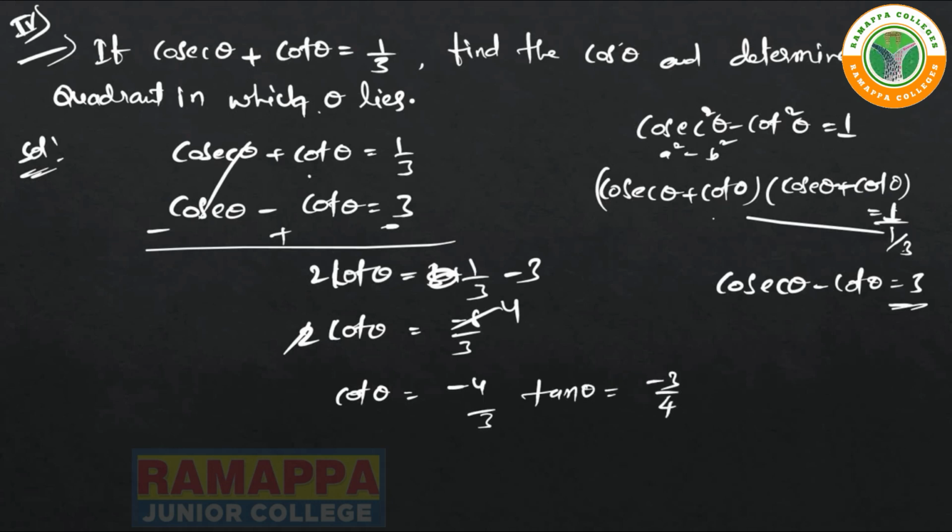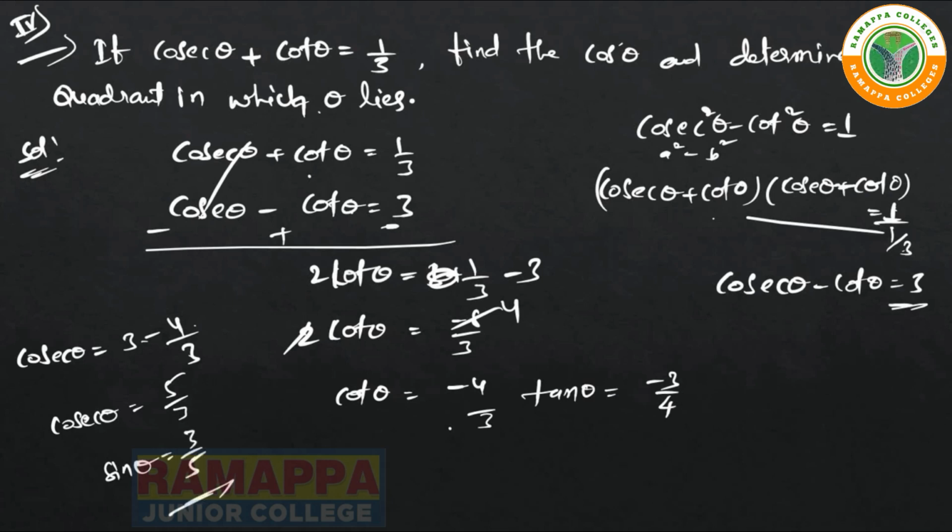Now we got cot theta, and I will substitute its value: cosecant theta is equal to 3 minus 4 by 3, so 3 threes are 9, minus 4, cosecant theta is 5 by 3, and it will become sin theta is equal to 3 by 5.